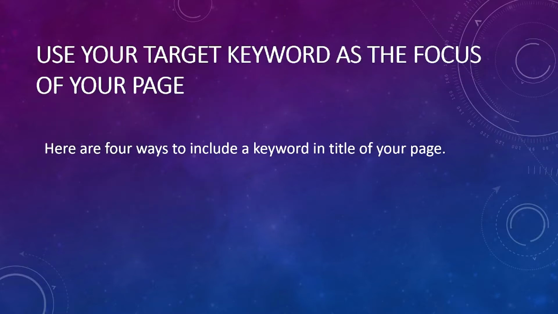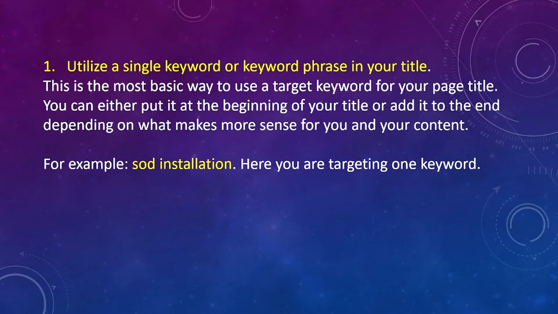So next is use your target keyword as the focus of your page. Now, titles are important for search engine optimization, and keywords can make or break the success of the page. So here are 4 ways to include a keyword in the title of your page. All right, first, utilize a single keyword phrase in your title.